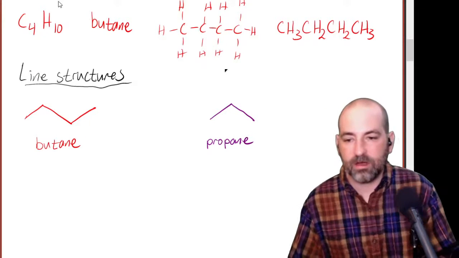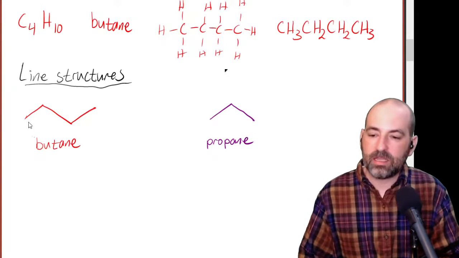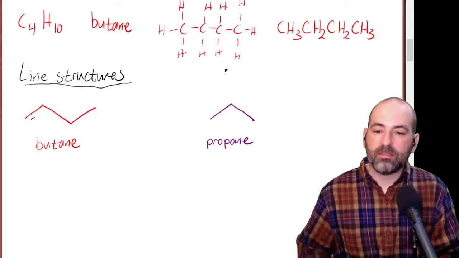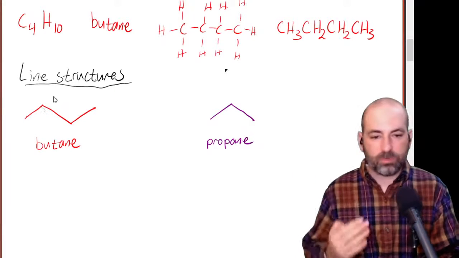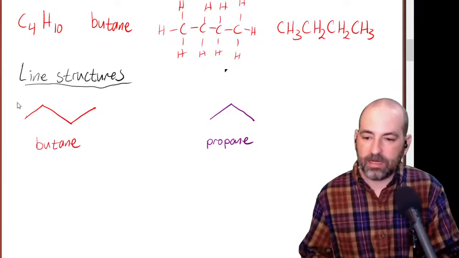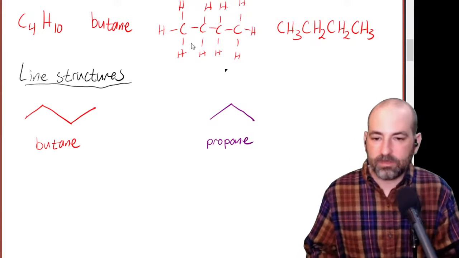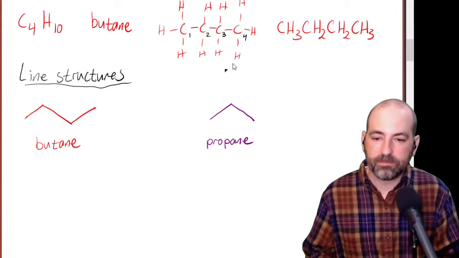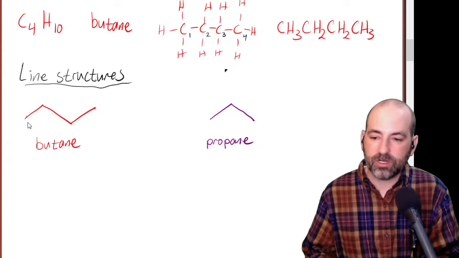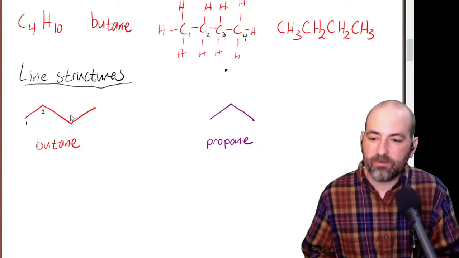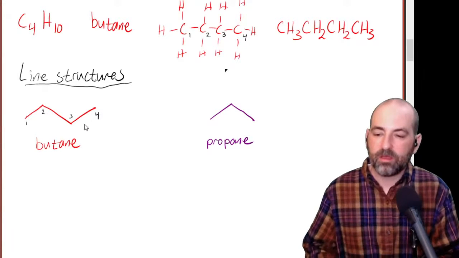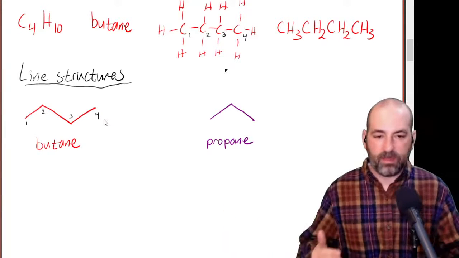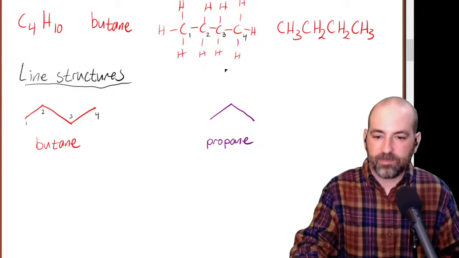So what's happening here in butane is we're indicating each carbon at either the end of the line or a place where 2 lines intersect, where there's a bend. So if we go back up to the Lewis structure here, we can count 4 carbons, 1, 2, 3, 4. And in the line structure, we can see those same 4 carbons if we count the ends of the lines and then where they connect.